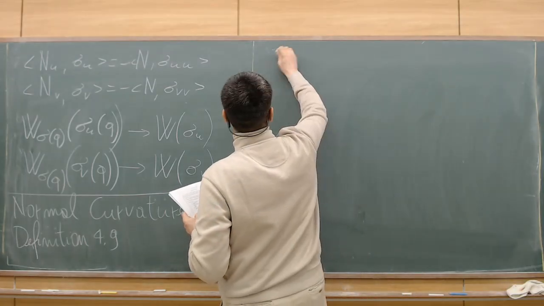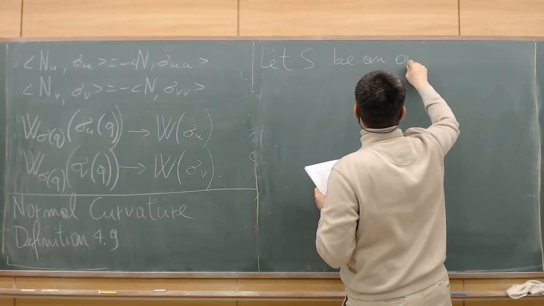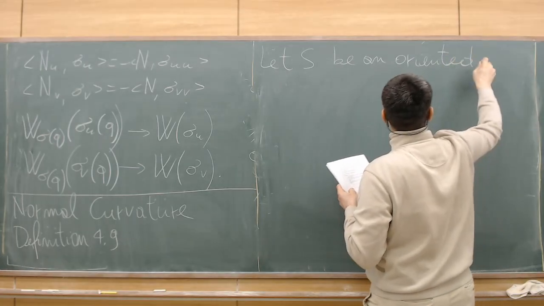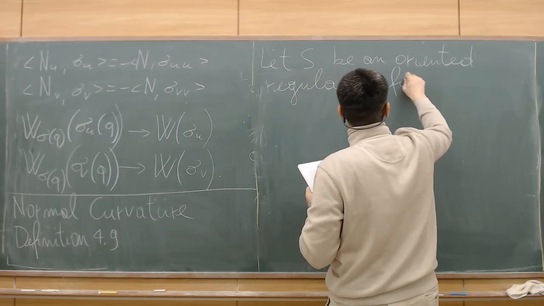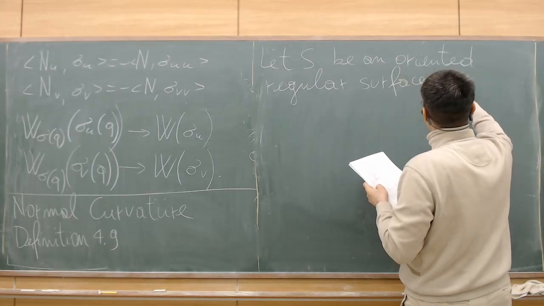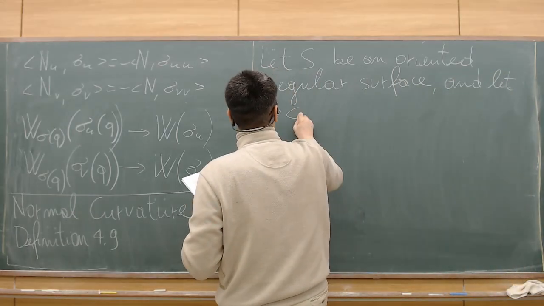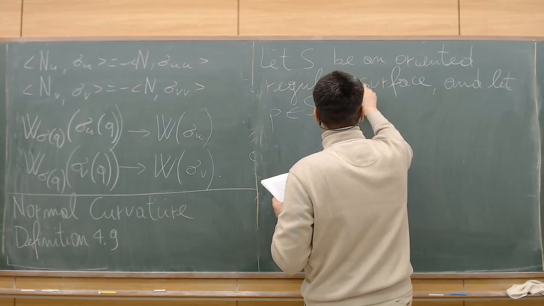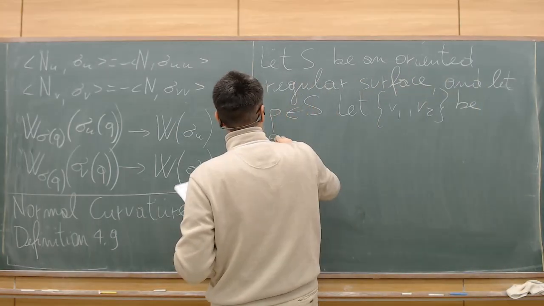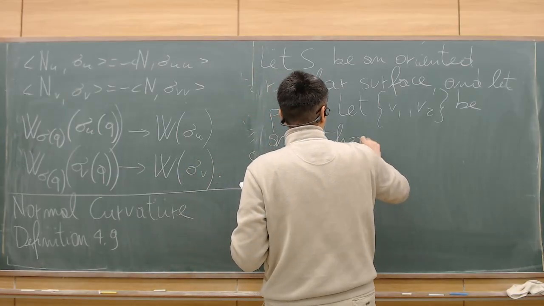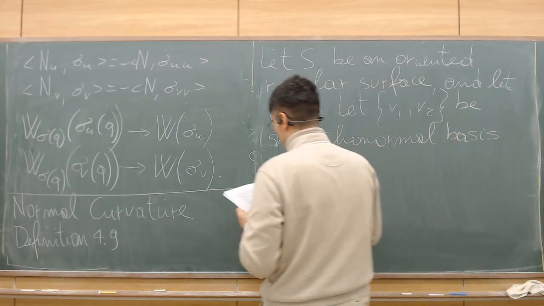So let S be an oriented regular surface and let P be a point of S. Let V1, V2 be an orthonormal basis of TPS.